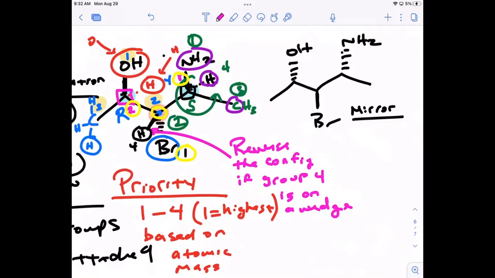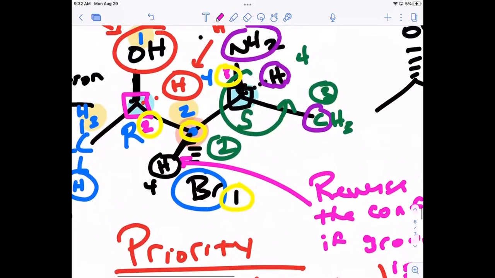So we said that it's clockwise as we see it. Is that right? Which would be what if it's clockwise? R or S? R. But because the H is on a wedge, we're going to reverse that. So that central stereo center, instead of being R because the groups are oriented in a clockwise fashion, we're going to call it S.